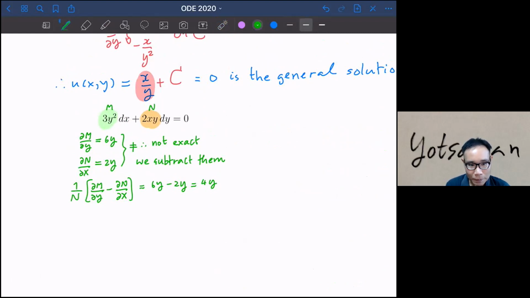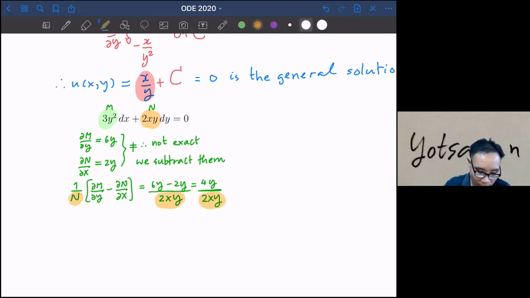So you're gonna divide by N. What is N? N is gonna be 2xy. I will use the orange color. I explain this one slowly. So for this one, you have 2xy, and this one is the orange one.